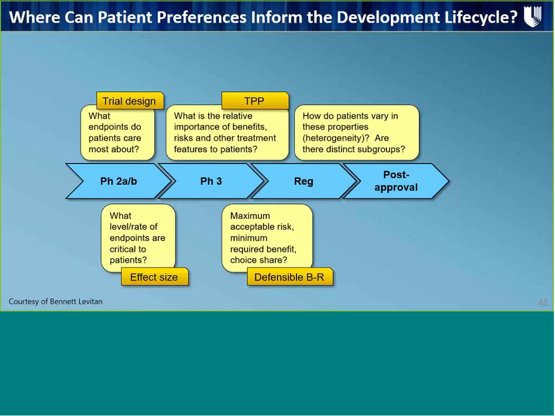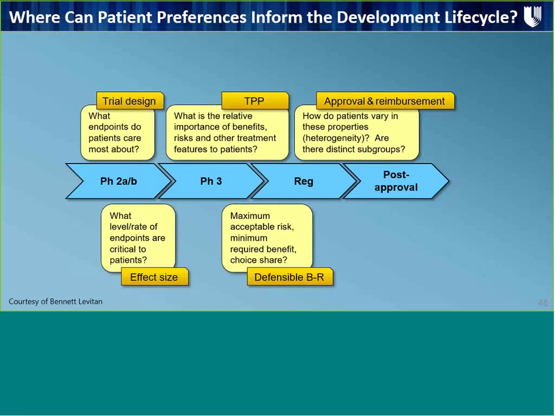In regulatory decision-making, there is considerable interest in heterogeneity. That is, are there distinct subgroups? Are there groups that FDA sometimes calls early adopters, especially for devices? Can we identify that group and what their characteristics are and what their preferences are with respect to benefit-risk trade-offs?